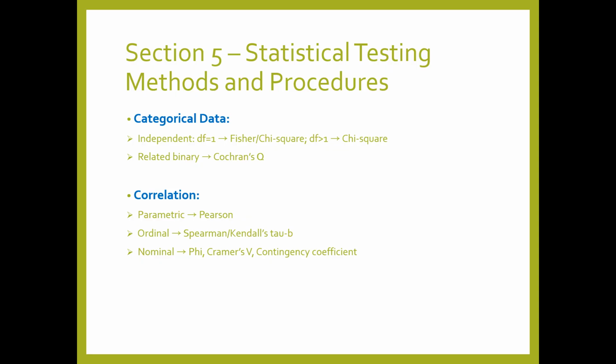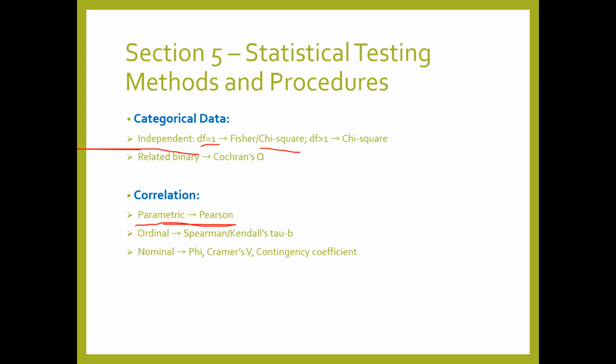And for categorical data, focus more on NO. If it is independent with degree of freedom equal to 1, you can use Fisher or chi-square. Chi-square is famous. If it is greater than 1, you use chi-square. If it is related binary, you can use Cochran's Q. And for correlation, normally it involves two variables.